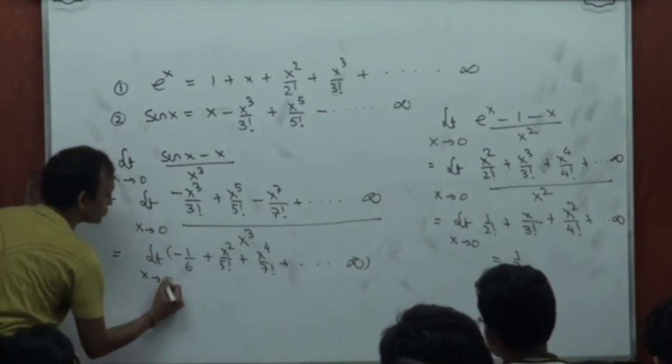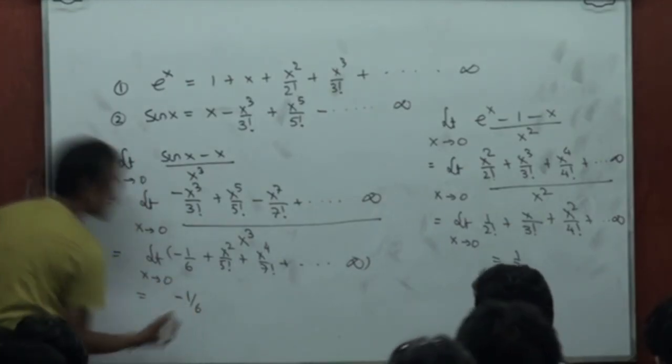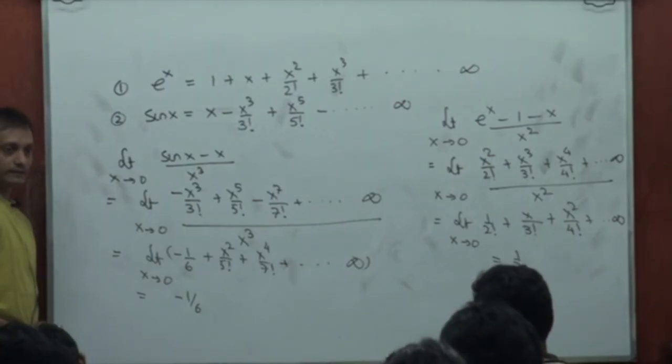As x tends to 0, this will certainly be minus 1 by 6. Right?